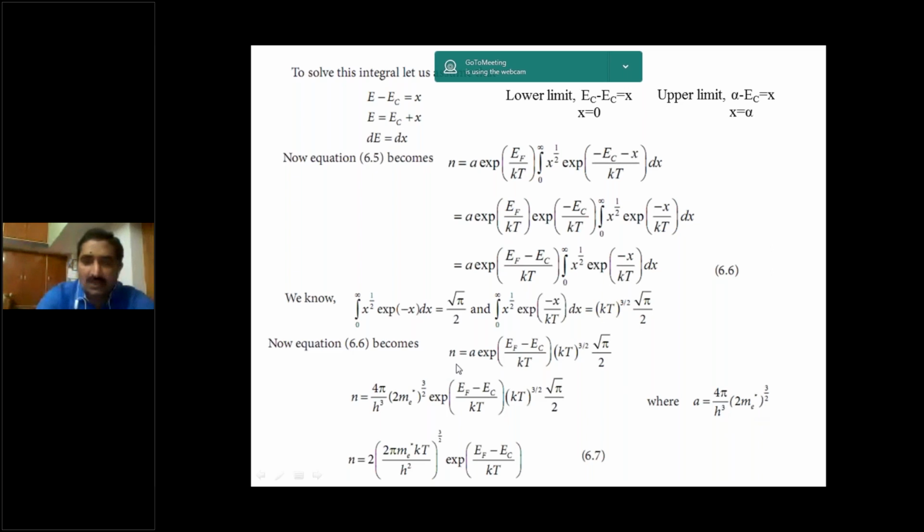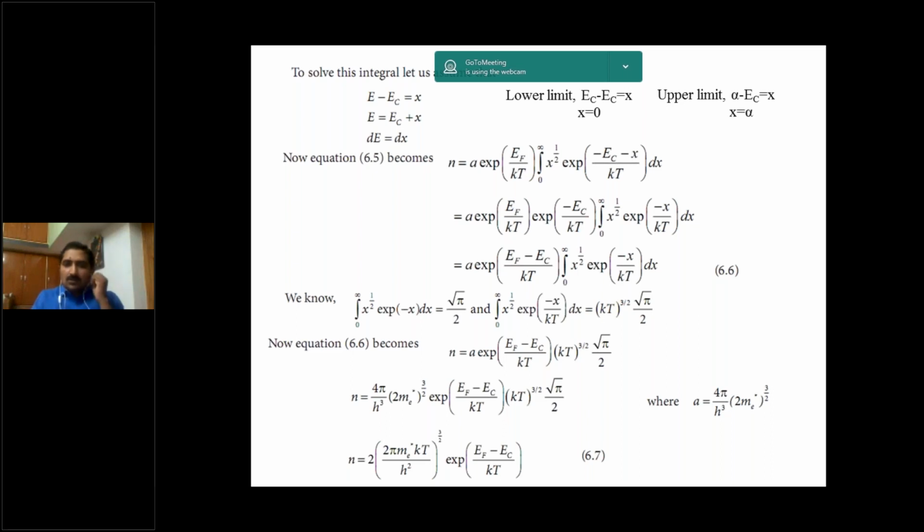By substituting the A value and rearranging, we finally get the value of N. What is N? The number of available electrons in the conduction band due to the breaking of bonds in an intrinsic semiconductor. You should remember it. It is a very important equation.